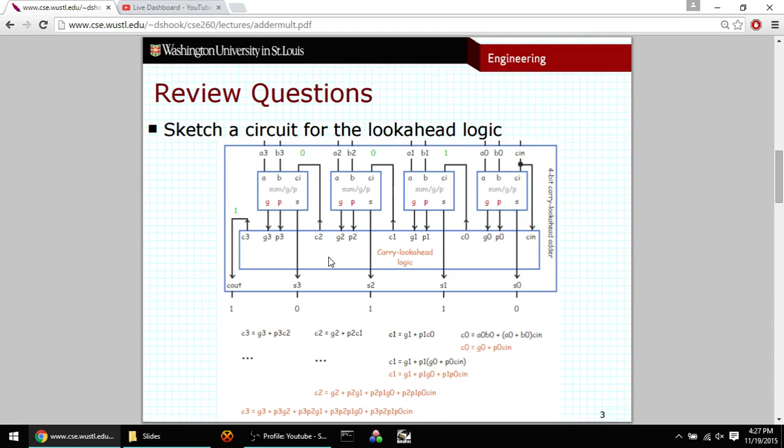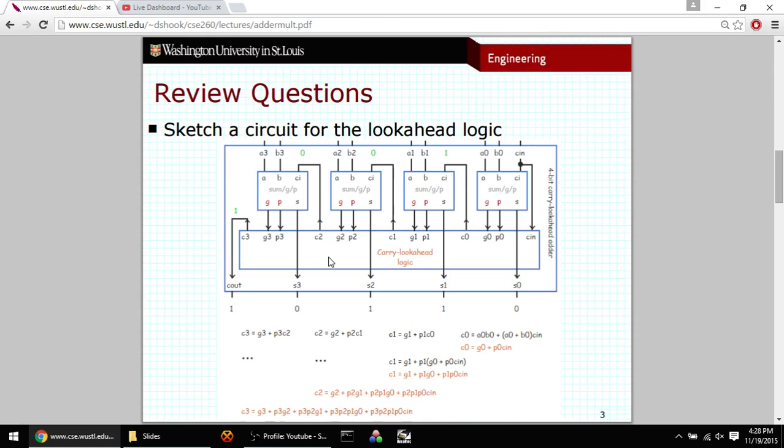And then we propagate this guy. For C2, we then get a much longer expression, P2, G1, or P2, P1, C0, or P2, P1, P0, C in. So it's a longer expression, and the last one's going to be even longer than that, right?